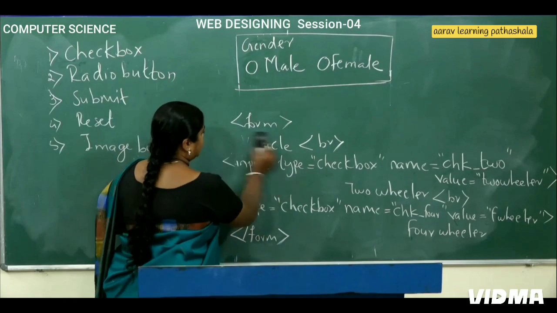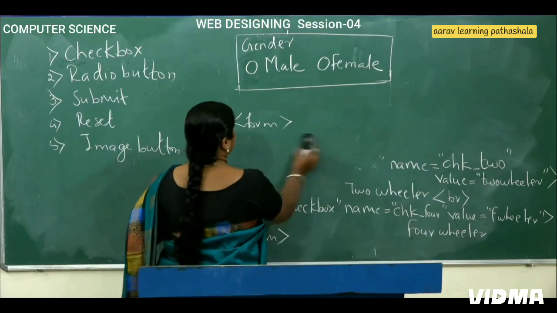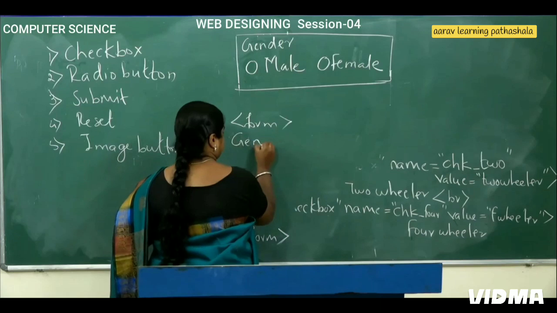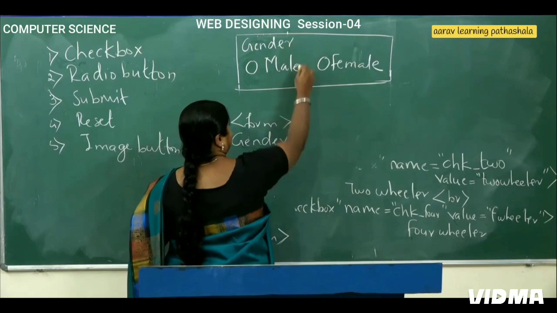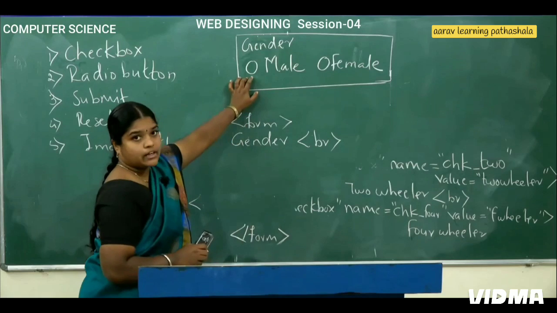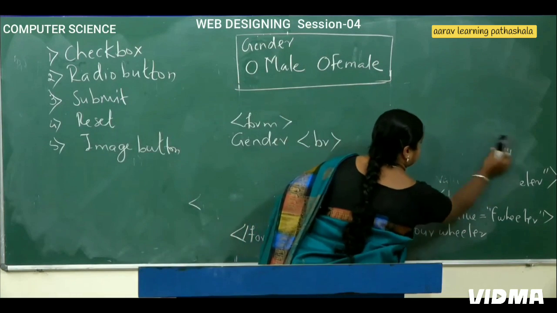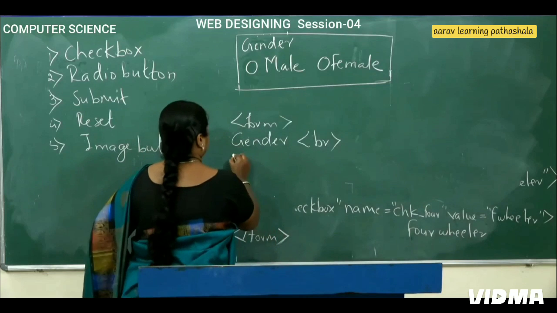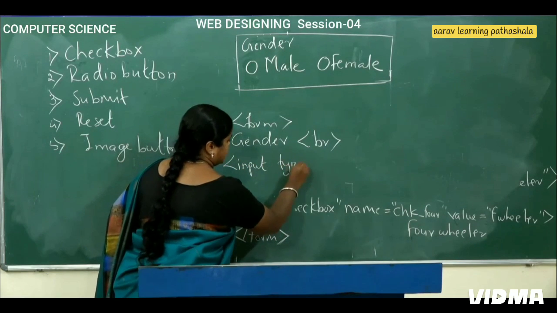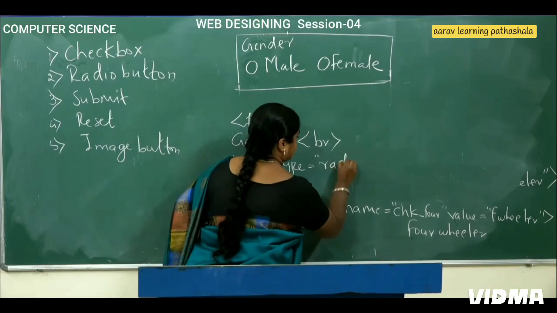So let's see how to get a radio button control. Inside this output, the first label is gender. In the next line we have to get this radio button. So for that, input type is equal to, inside double quote, radio.